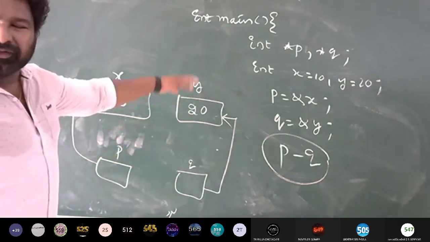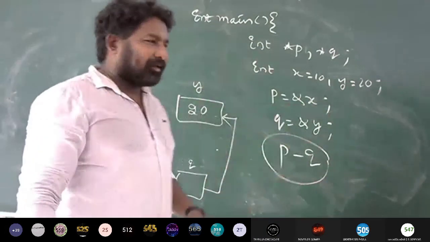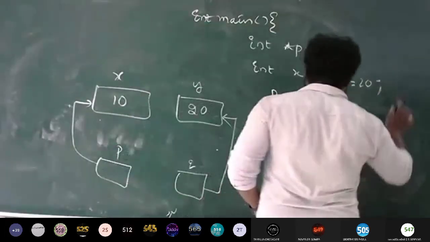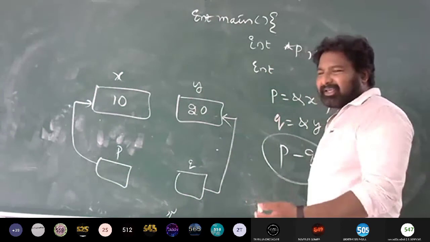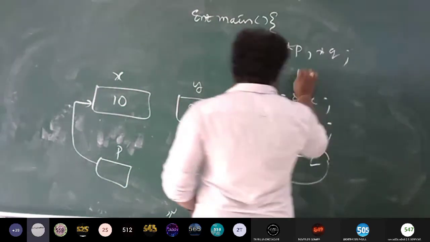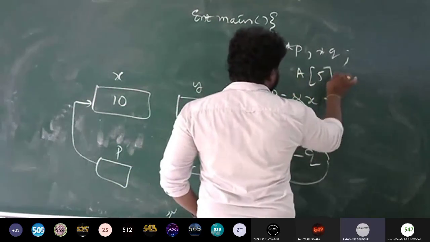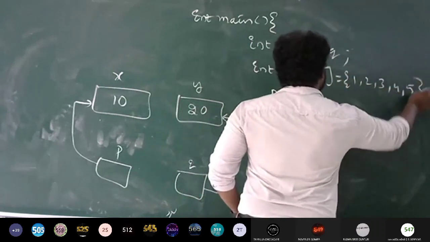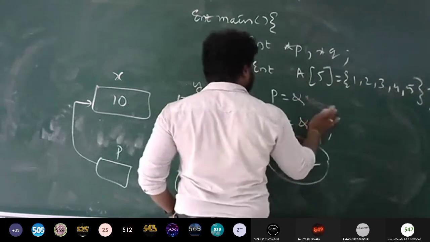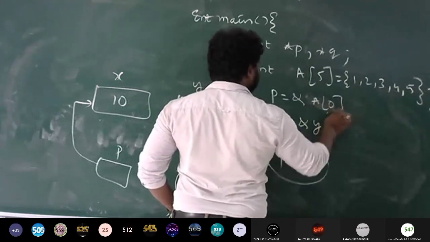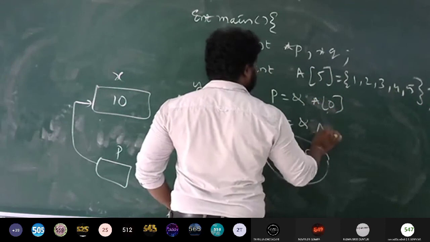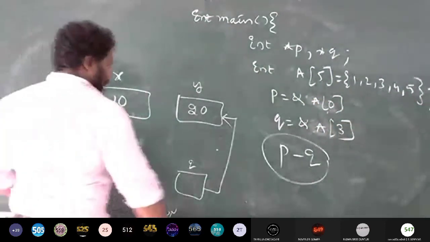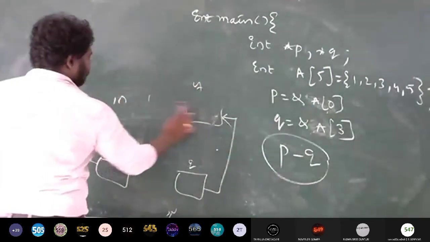If they are pointing to 2 separate variables, there is no meaning. It has meaning if they are pointing to elements of the same array. If there is an array like 1, 2, 3, 4, 5, and P is pointing to the address of A of index 0, and Q is pointing to the address of A of 3, then what is the diagram?